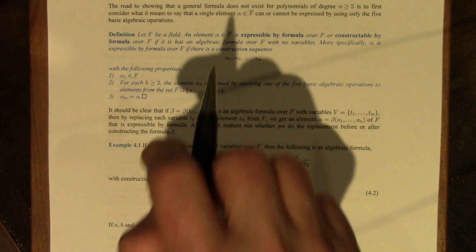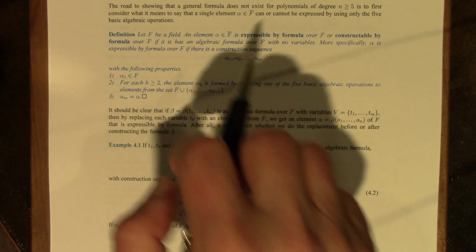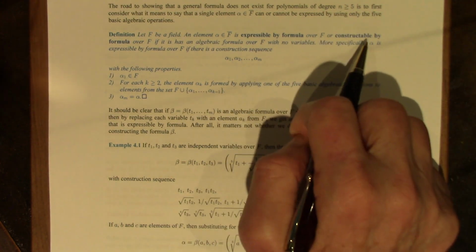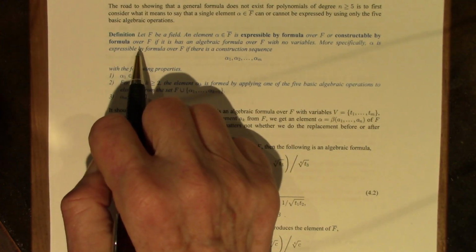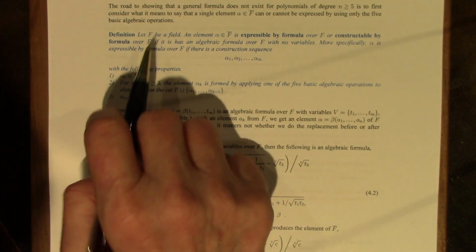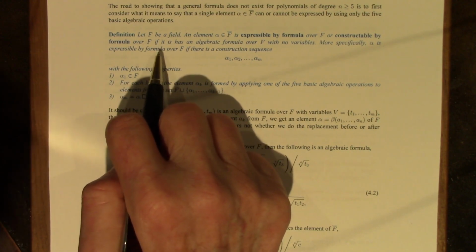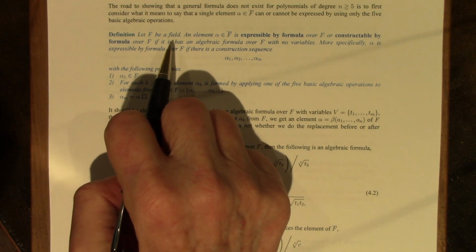Let F be a field. An element alpha in F bar is expressible by formula or constructible by formula over F. Now, perhaps you can guess what's coming. It's got to have an algebraic formula, as we first discussed, a construction sequence.